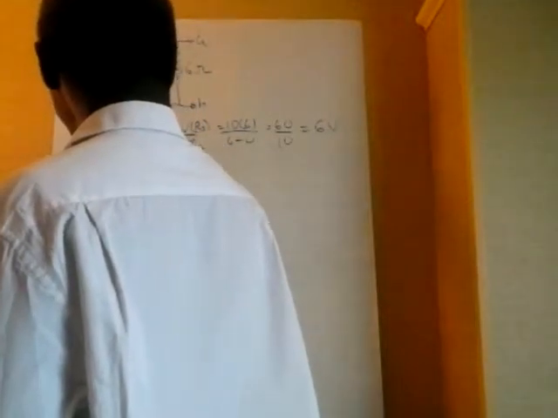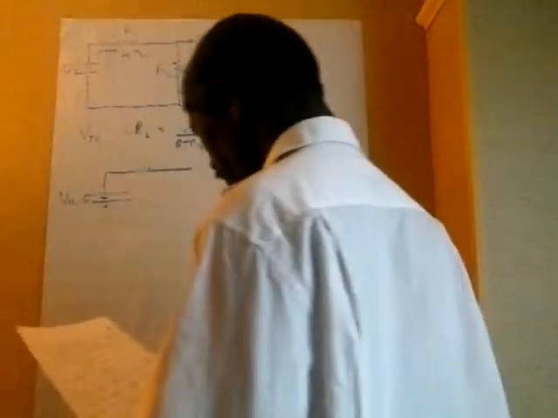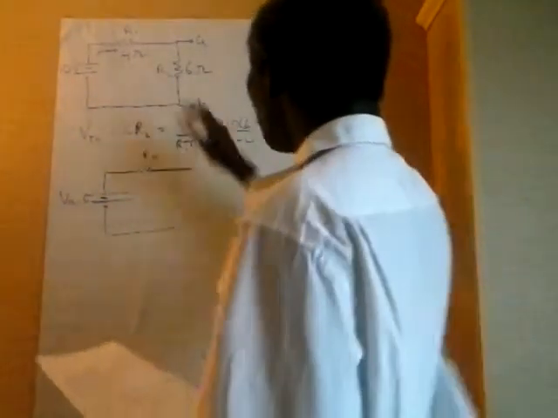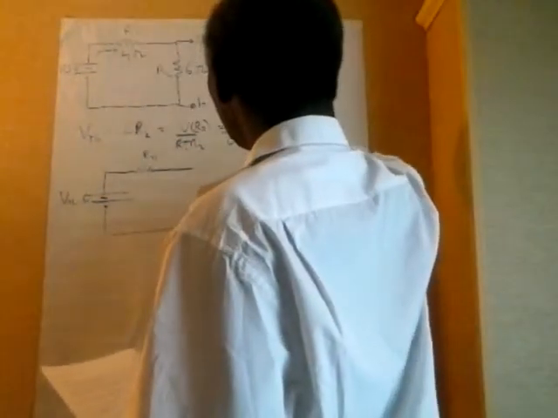We have V Thevenin equal to 6 volts, and our R Thevenin is to be found. These two resistances are in parallel.